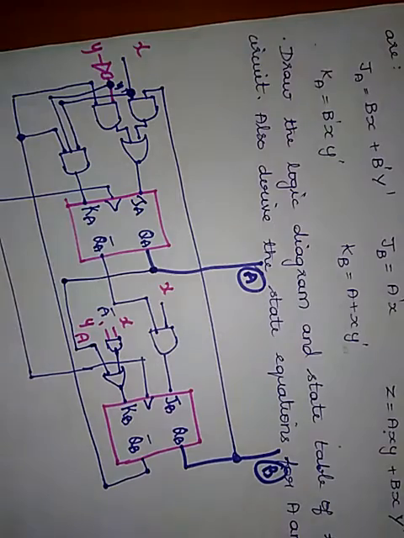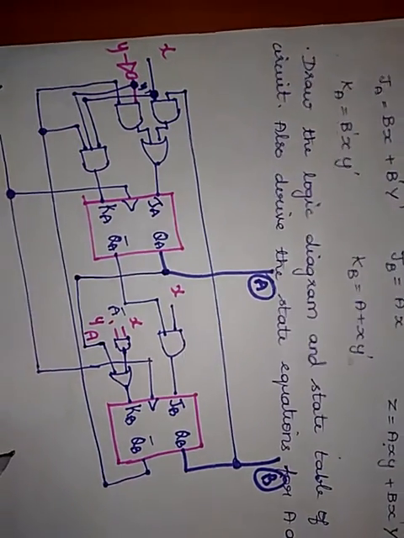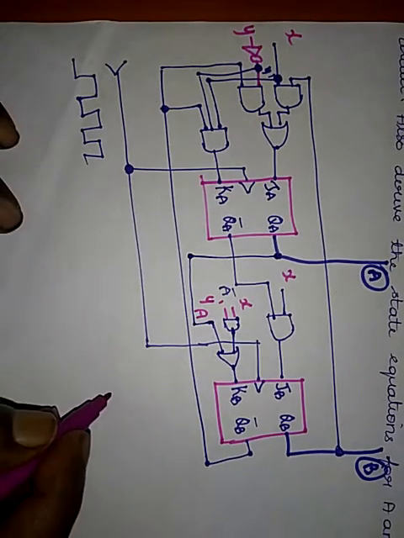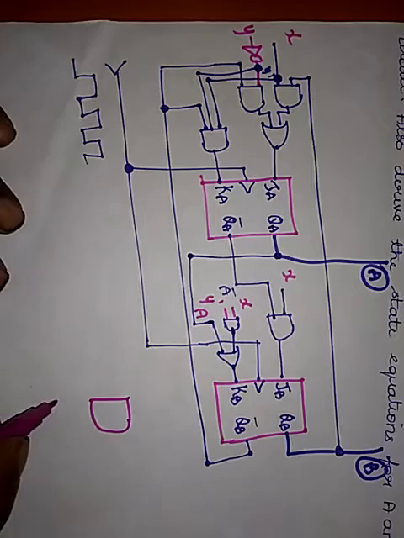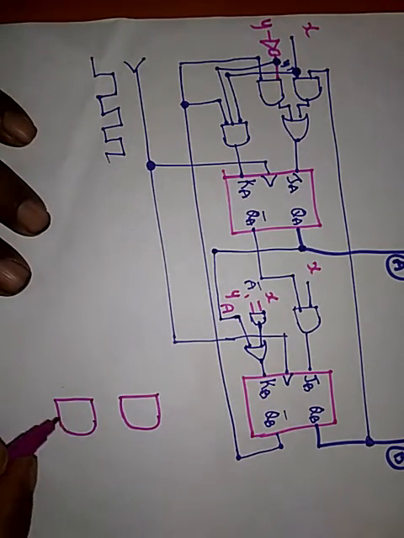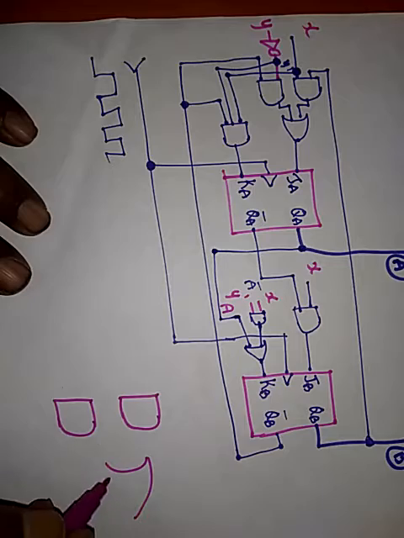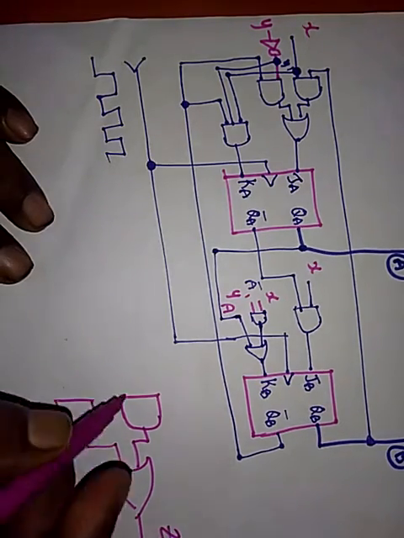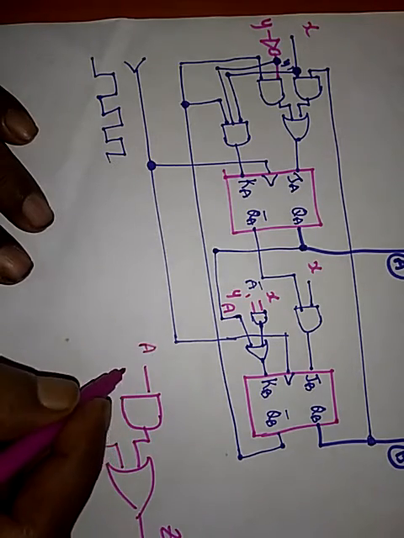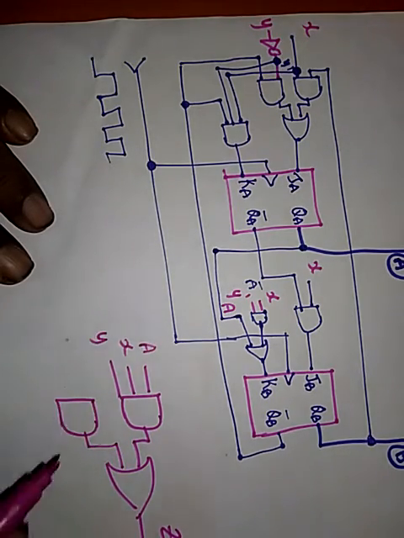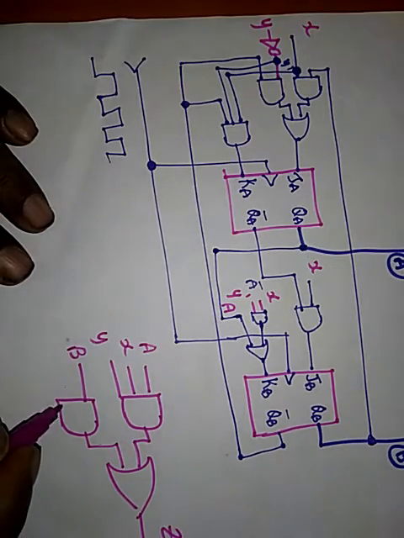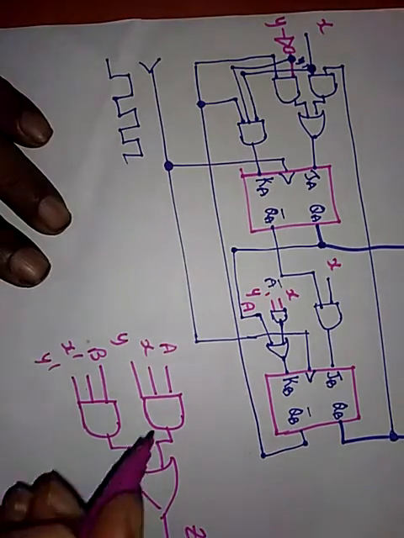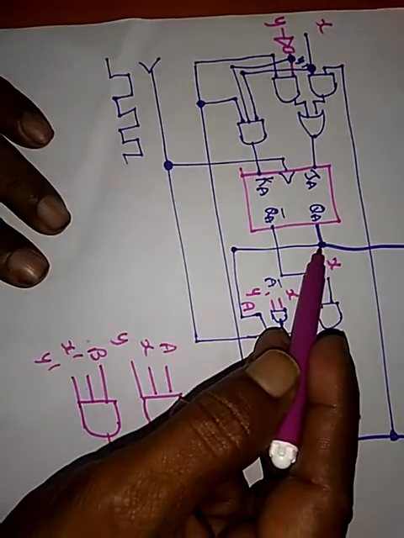Apart from this, we have the output Z. So Z is given by two AND gates, followed by an OR gate. So this is our output Z. So this input is A, X and Y, and the other input is B, X dash and Y dash. Now this A is connected to here.